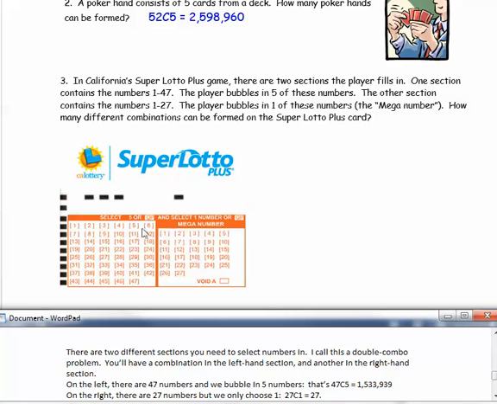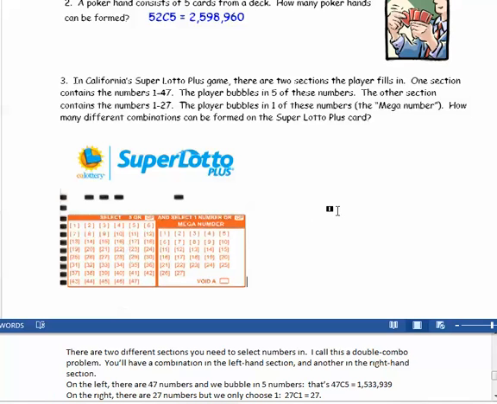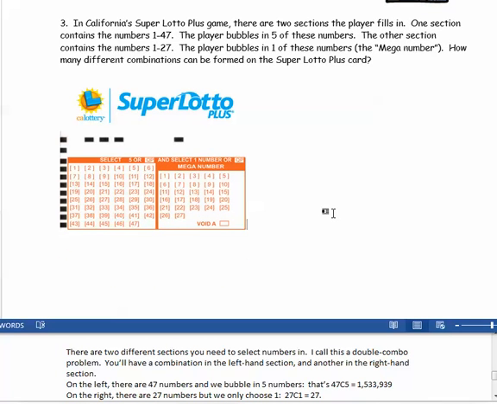There are 2 different sections that you need to select numbers in. So I call this a double combo problem. You'll have a combination in the left-hand section and another combination in the right-hand section. On the left, there are 47 numbers, and we're going to bubble in 5 of them.